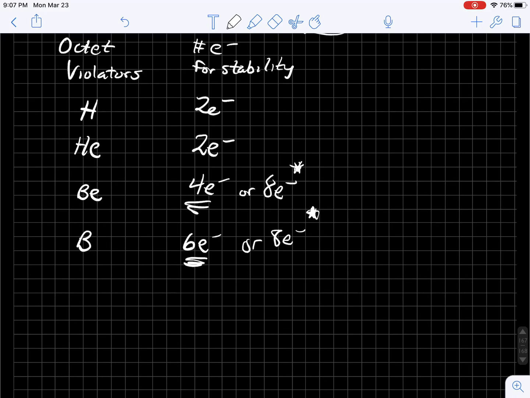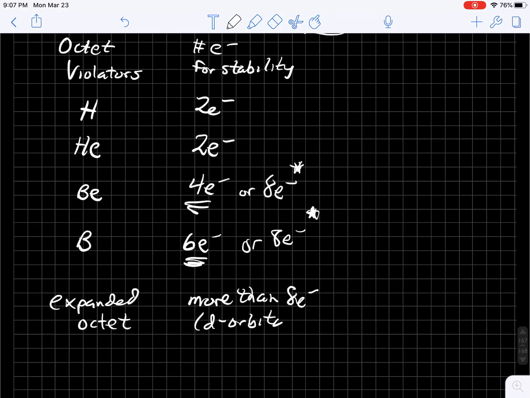The only other octet violators you have to concern yourselves with are 2 things. What's called an expanded octet. Things that have expanded octets are ones that can accommodate more than 8 electrons. We're just going to write more than 8. And that's because they have d orbitals.